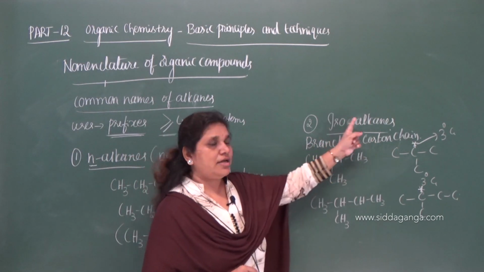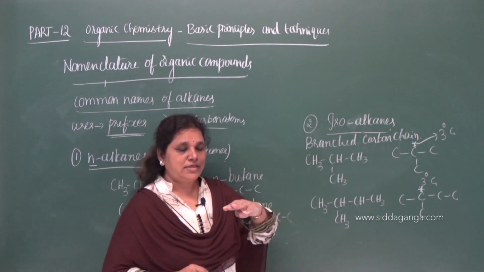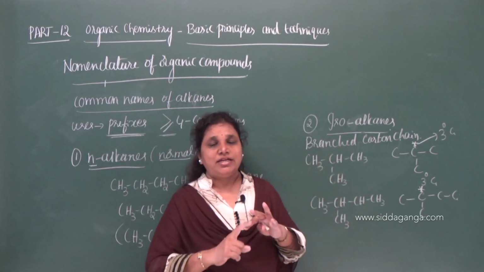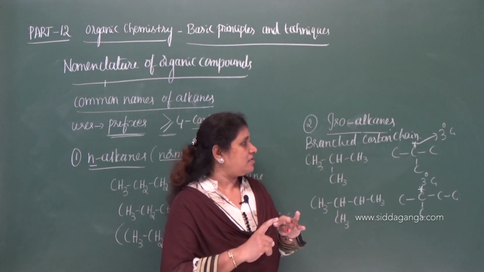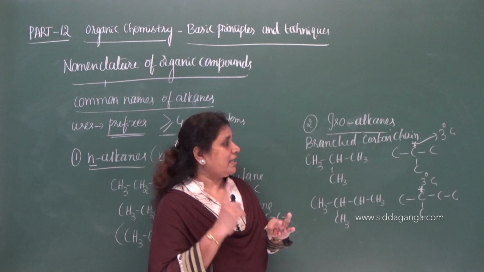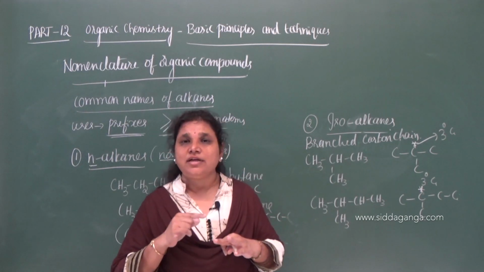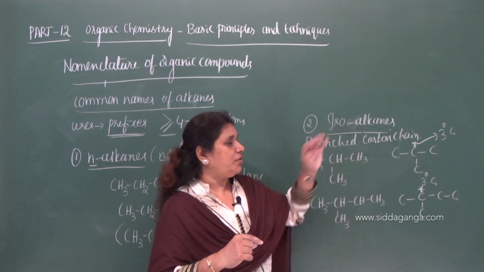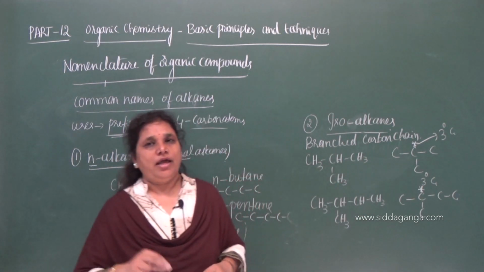Then what are isoalkanes? There are only 2 conditions for isoalkanes. One is that they contain a branched chain of carbon atoms. The second is that the branched chain contains at least one tertiary carbon. Then how to define isoalkanes?